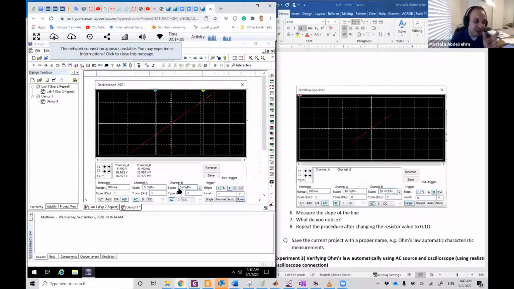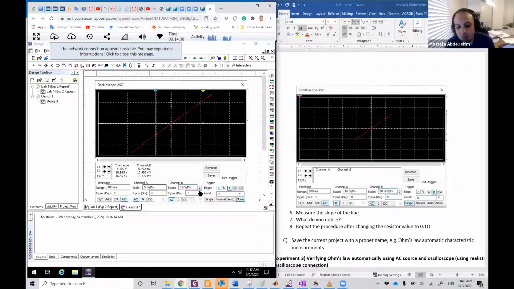And remember, 5 milliamperes, because the resistor is 1 kilo ohm. And the y coordinate of this point is also 1 division, and 1 division is 5 volt. So 5 volt divided by 5 milliamperes will give you what? It will give you 1 kilo ohm, which is exactly the resistor we have in our circuit. So we could measure Ohm's law automatically on the oscilloscope.